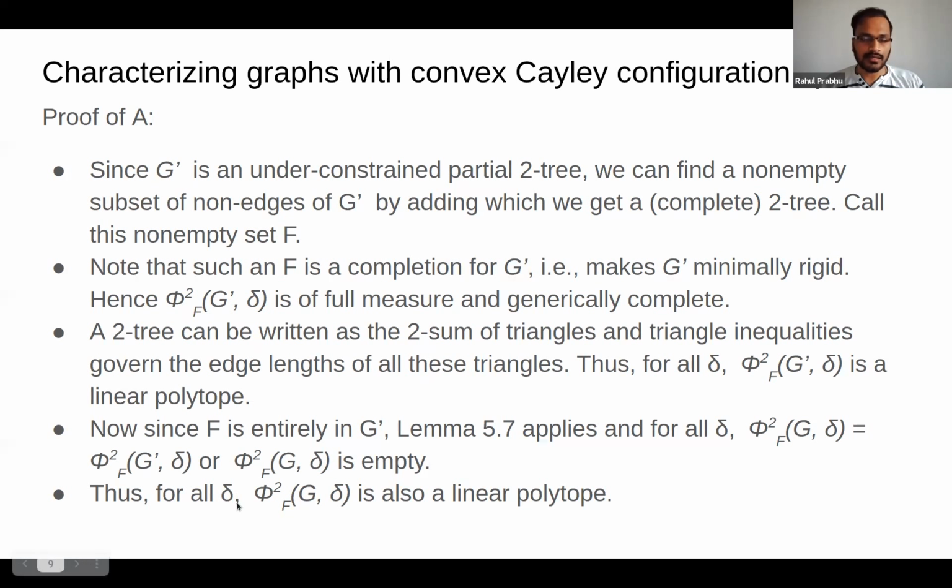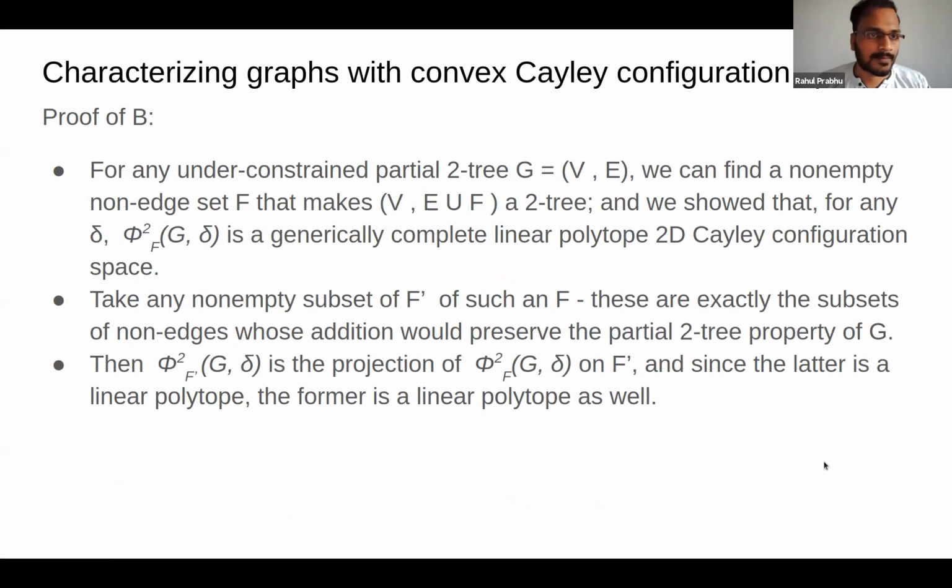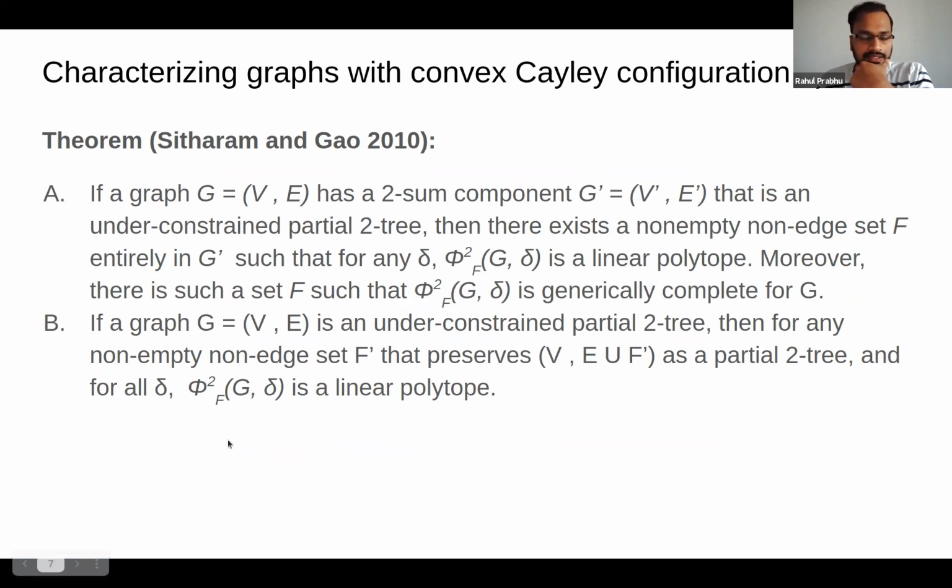So that's for all edge length assignments. The configuration space of the original graph is also a linear polytope.